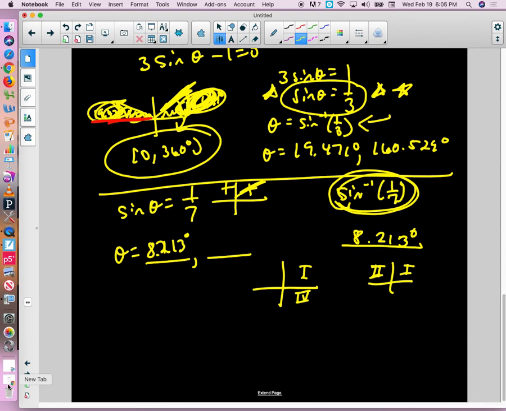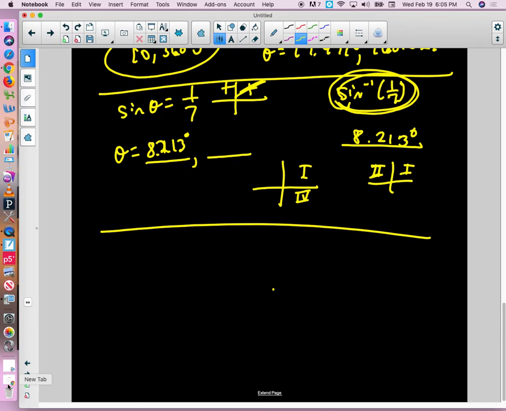Because you'll have some to put in your calculator. And let's do some of these, what are called composite functions. Suppose I have the sine of the arc sine of 0.7.